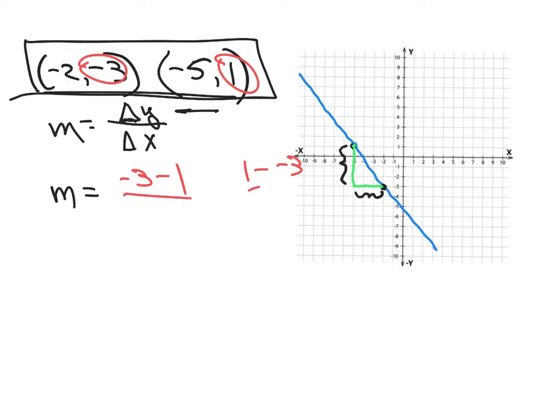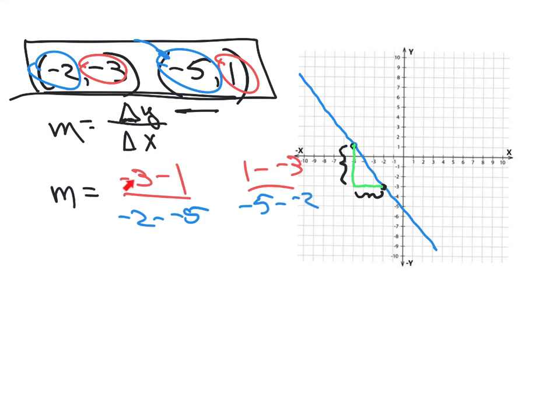And then I'm going to draw a line. So those are my y values. My x values are negative 2 minus 5. Or I'm sorry, negative 2 minus negative 5. And if I did it the other way around, I'd have negative 5 minus negative 2. So notice what happens.